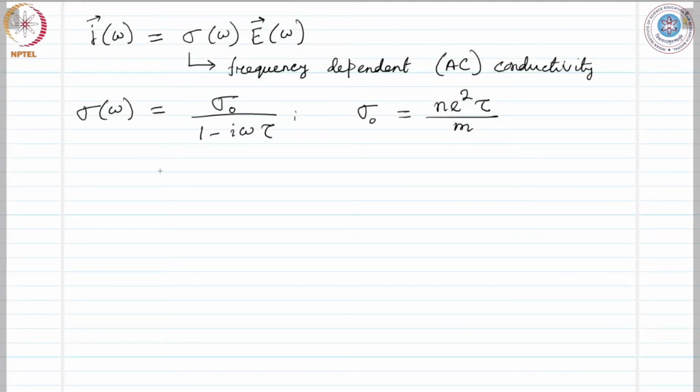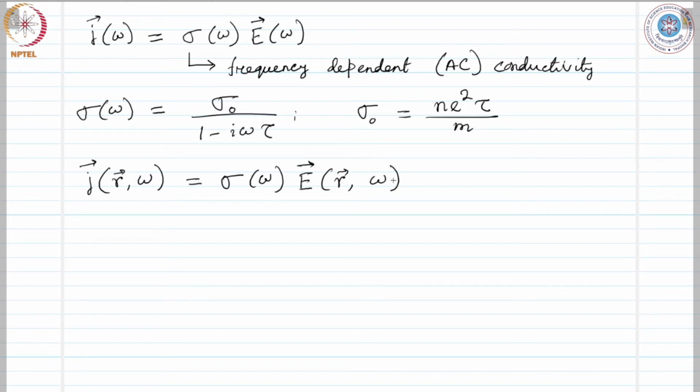So if we consider current density J as a function of position and frequency, then it can be written as sigma of omega, the conductivity, times the electric field as a function of position and frequency.